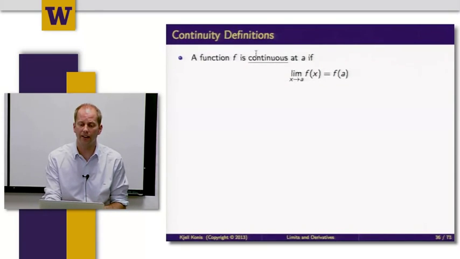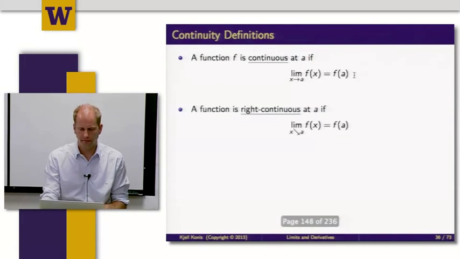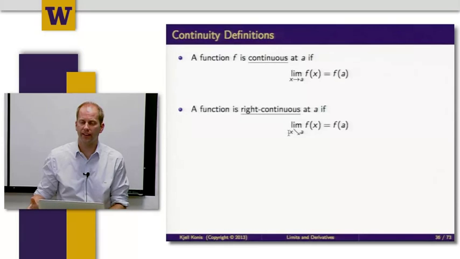So we say a function f is continuous at a point A if the limit as x goes to A of my function f of x is equal to f of A. And then we can be a little bit more precise about this. We say a function is right continuous if, as I look at points that are greater than A and move down towards A, the limit of f of x is equal to f of A. And then we have the same idea.